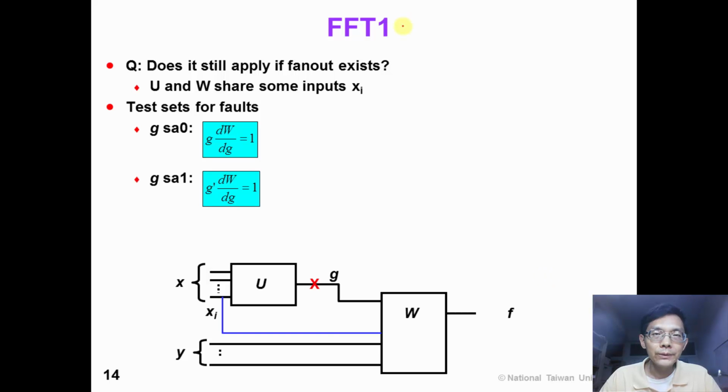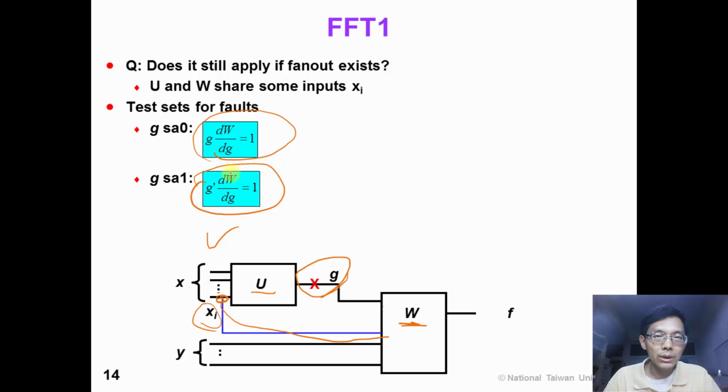At the end of this video, we have two FFTs for you to think about. Consider this circuit. We have some input xi shared by both function u and w. If we want to detect G stuck at 0, can we apply the same equation here?